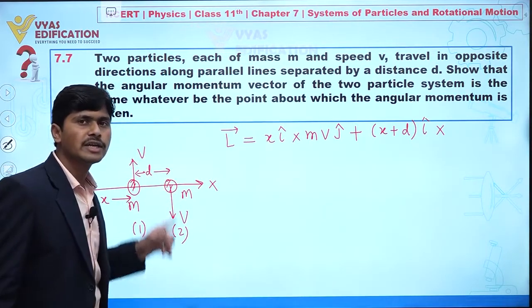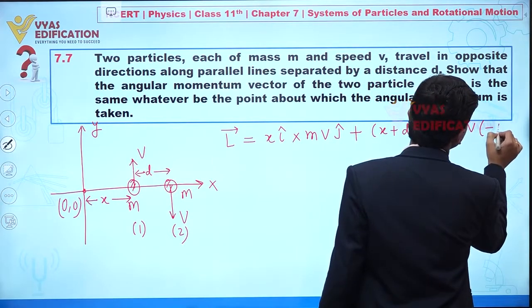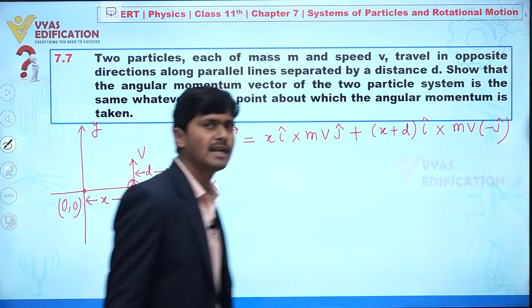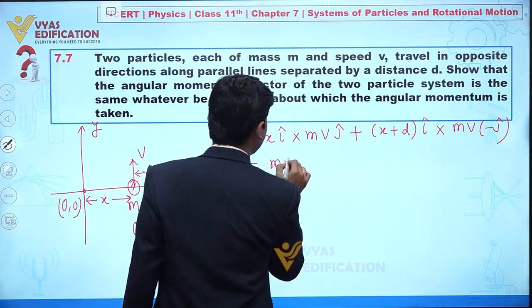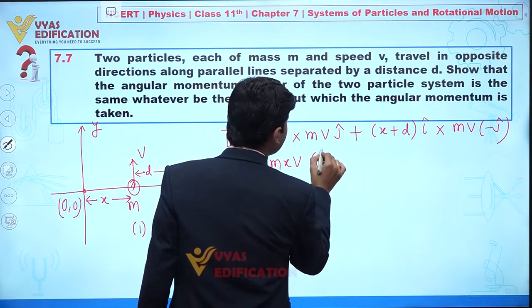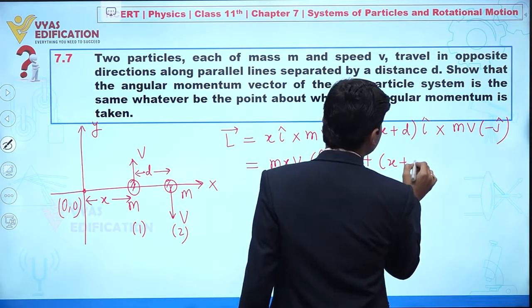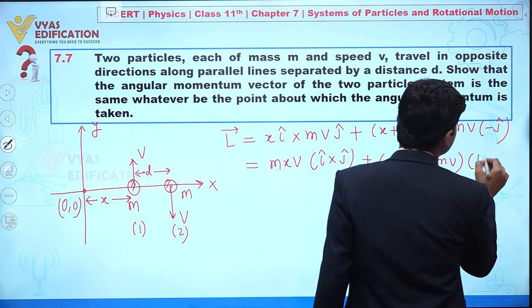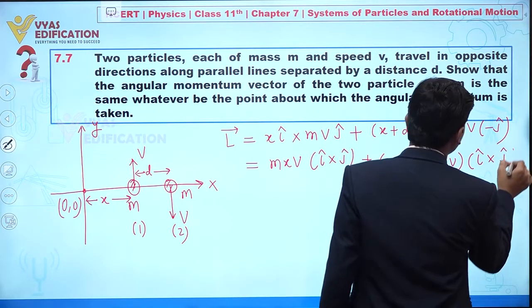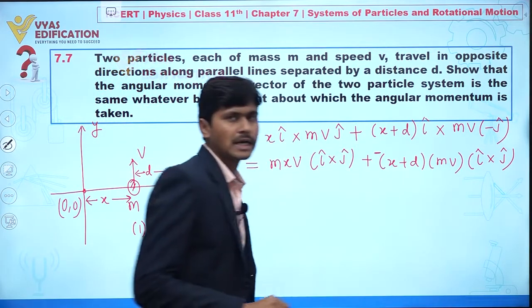This particle is going in the negative direction, so p is mv times minus j cap. So we write x plus d, mv, i cross j, with a minus sign in the multiplication.